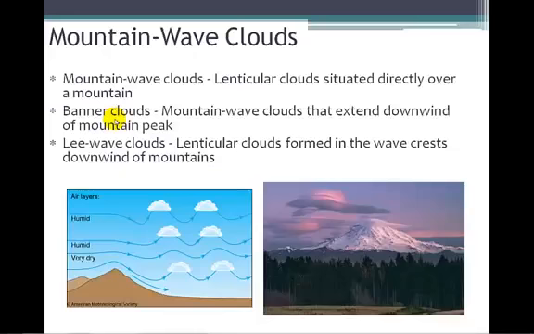There are some special types of clouds we'll talk about next, starting with mountain wave clouds. So when you have a mountain, it disrupts the airflow because of the topography. So if air is flowing in the direction that you see here, when it encounters a mountain, it's forced to rise up, and it causes these kind of ripples in the atmosphere.